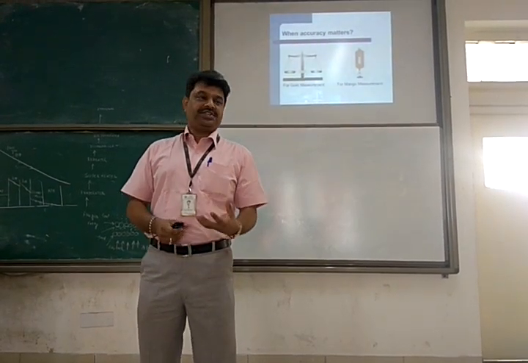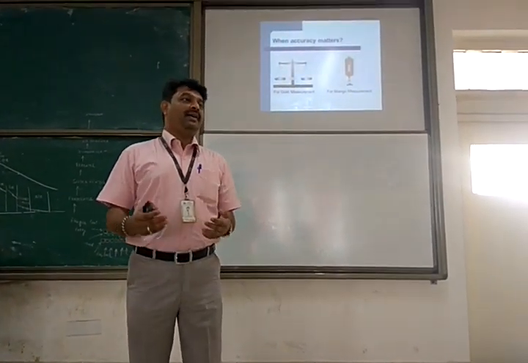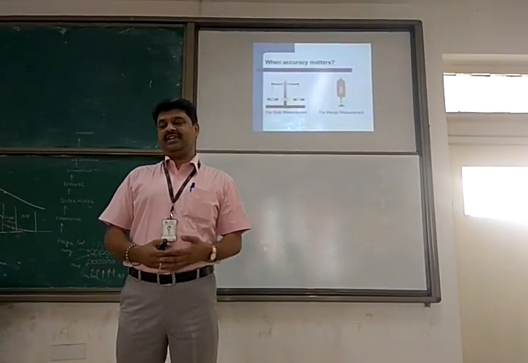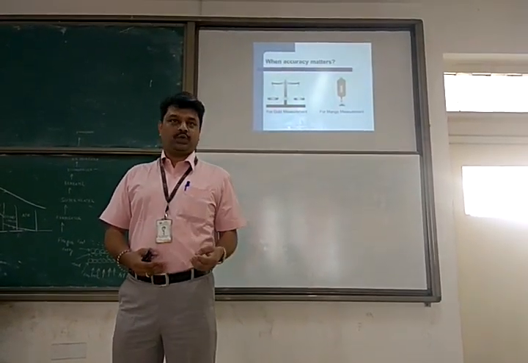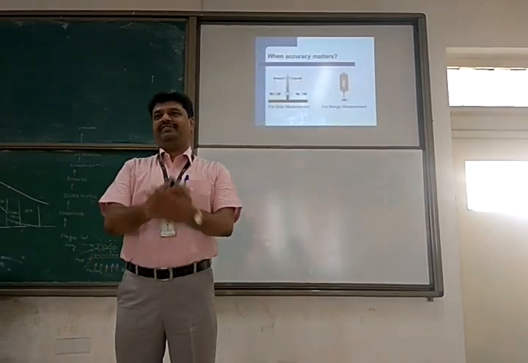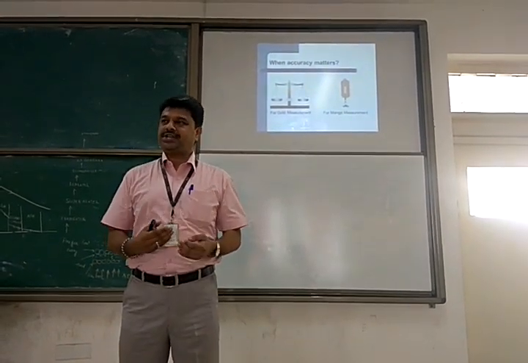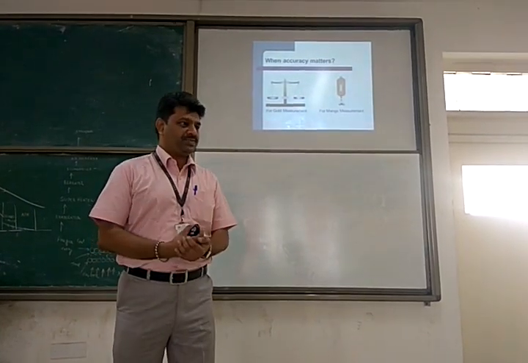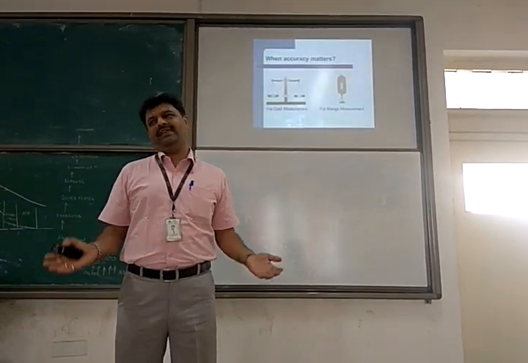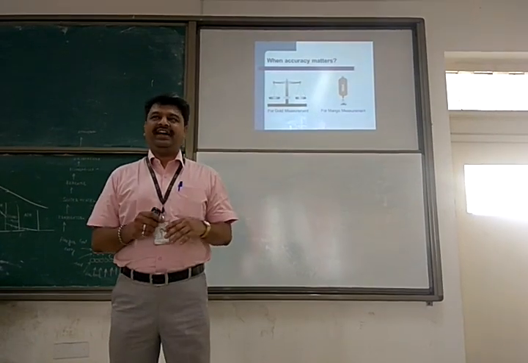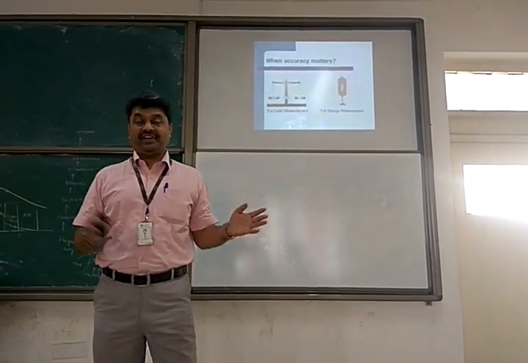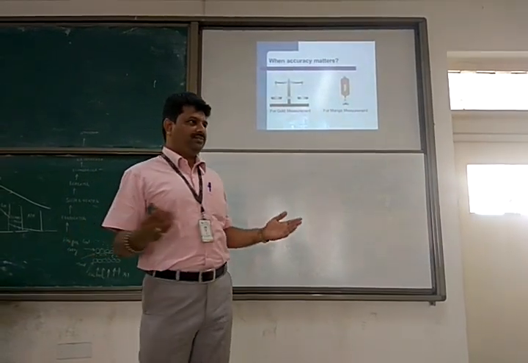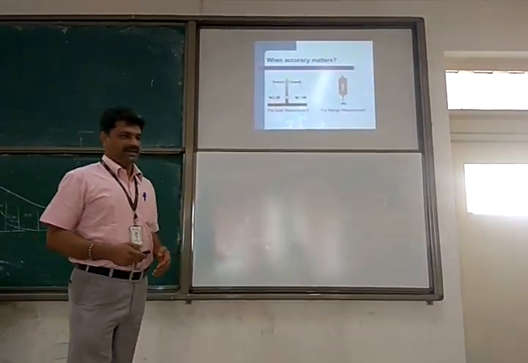So while measuring gold, probably you will demand a physical balance which gives better weight readings than a weighing bridge. While for the bunch of vegetables you want to measure, you will not look for such precise instruments. You will go for even a crude instrument, as long as you get a rough idea, plus or minus 5 kg difference for the entire load of, let's say, 2 ton, 3 ton of vegetables, it's fine.